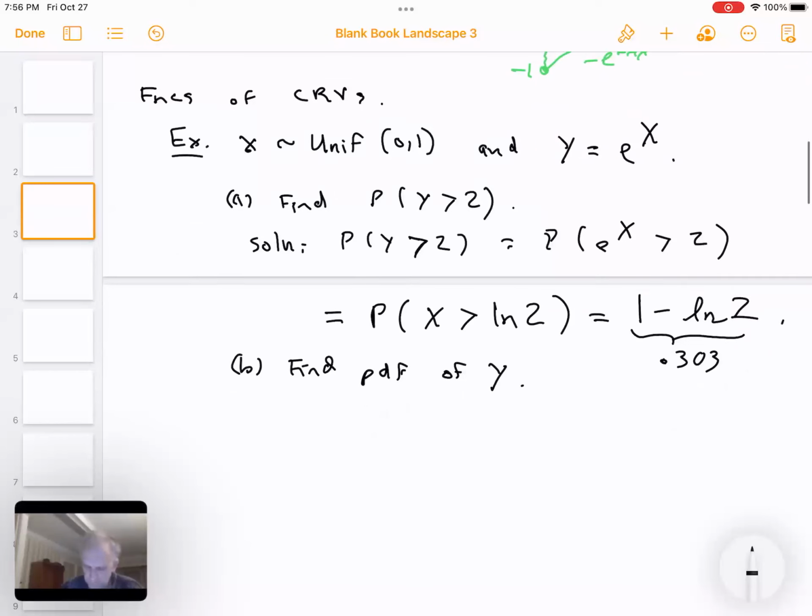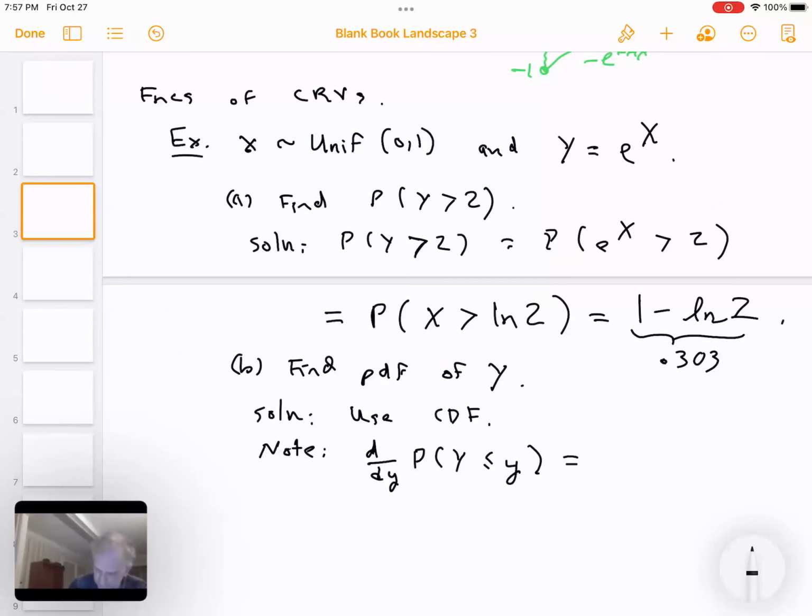Okay, so solution, and I didn't write this above, but it's worth noting, we can note it now. Use CDF. So I'm going to write a few notes here. One fact about the CDF is, note, the derivative of the CDF is the PDF. d/dy of the probability y less than little y is equal to the PDF of y, f.